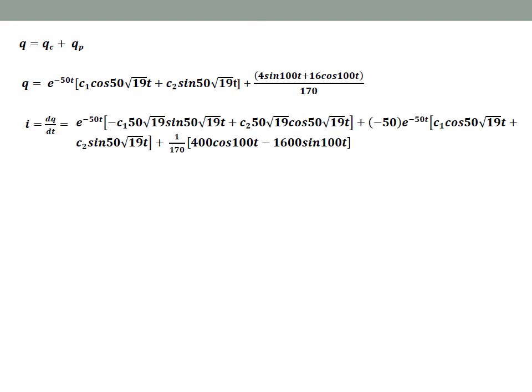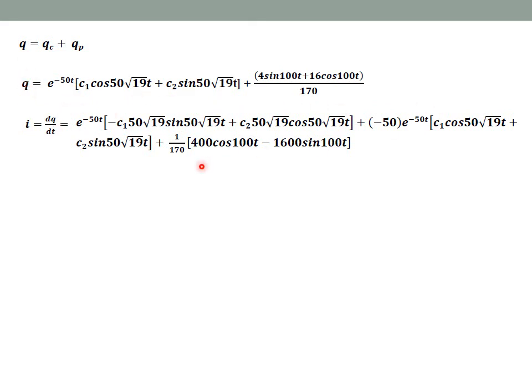Then I have to find out current. I have got q, I have to find I, because they have given me the condition that initially at time t is 0, current I is 0 as well as charge q is 0. In order to find current, how will you find it? You have to differentiate charge, so dq by dt.